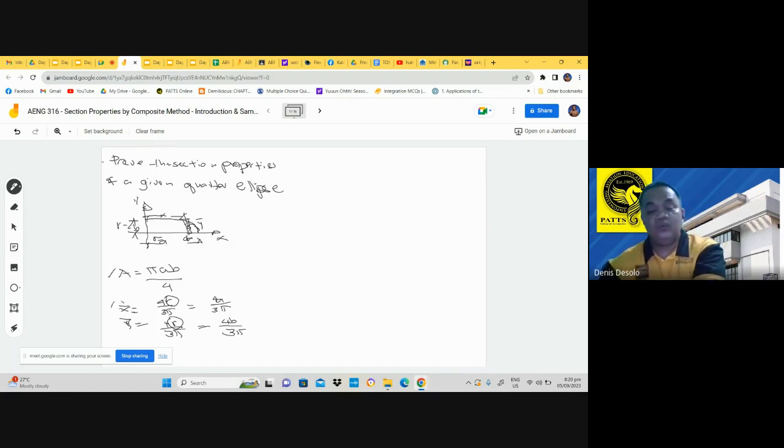You have to use the horizontal element to prove the y bar and the area, of course. Mine will be the axis of y, yours will be the axis of x, making use of the transfer formula, just like what we did in the circle.